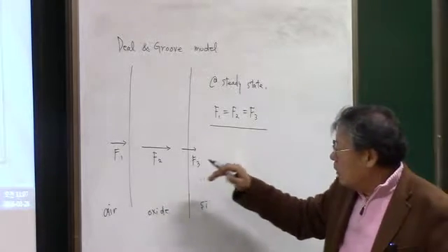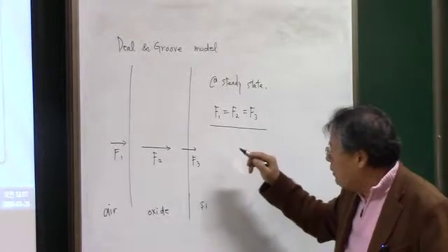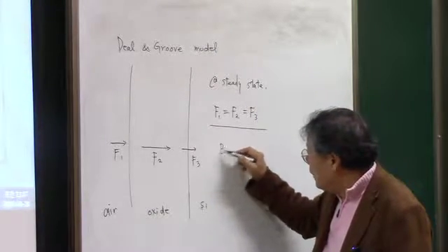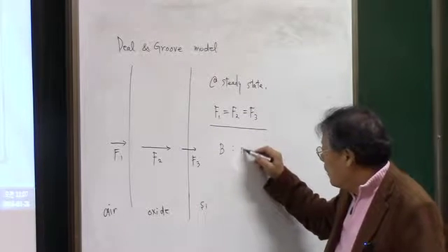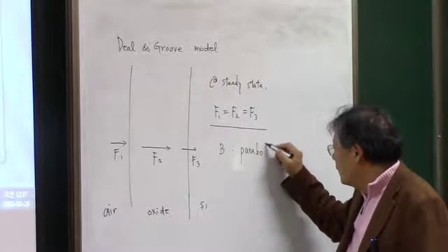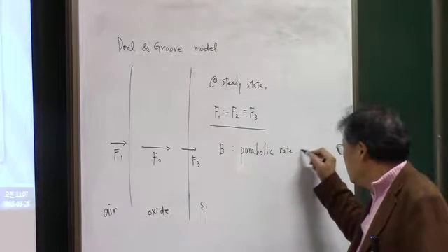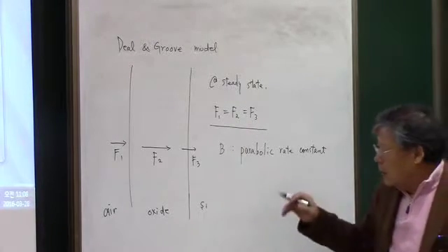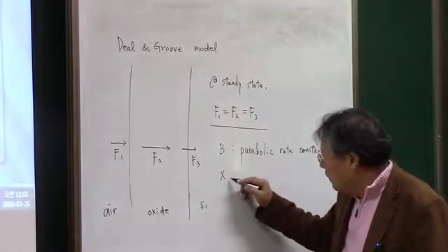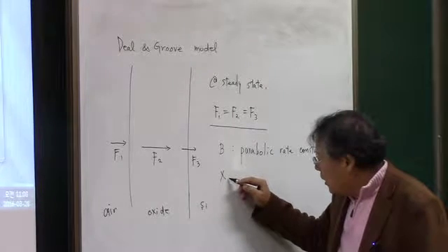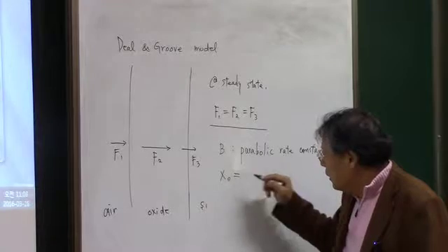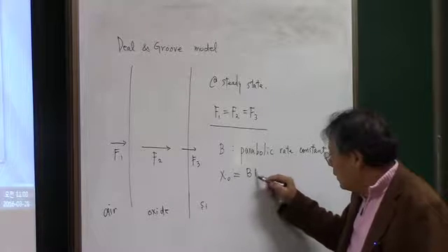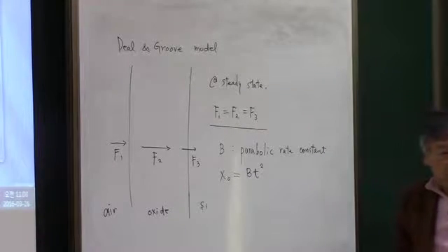So we have derived the equation related to the oxide thickness, and we have found two constants. One is B, and that is the parabolic rate constant related to the oxide thickness, where the oxide thickness is going to be like B t squared, something like this, right?